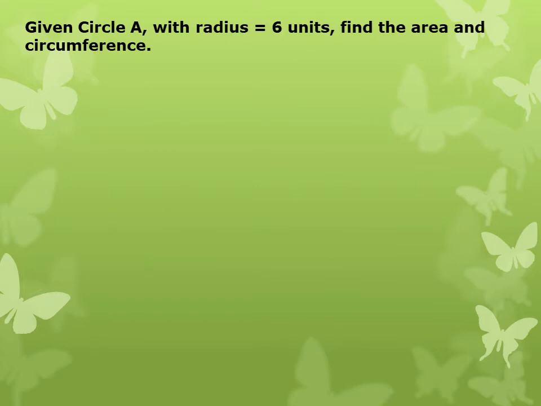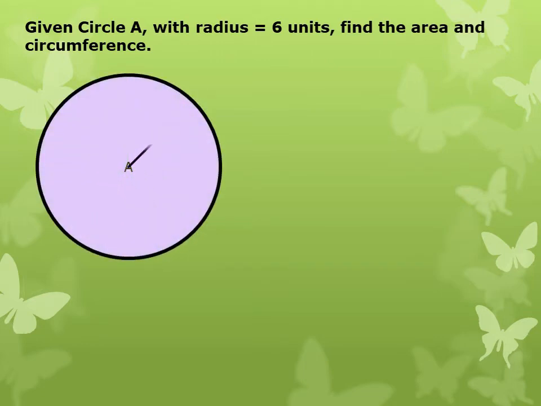For example, given circle A with radius equal to 6 units, find the area and the circumference. This time we review how to find the area and circumference of a circle. Can you recall the formula for the area of a circle? Yes, it is A equals pi r squared, where r is the radius.